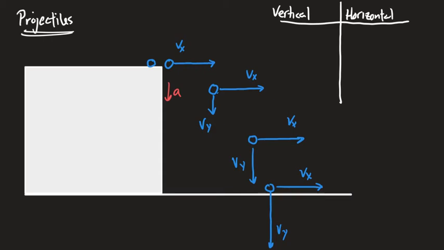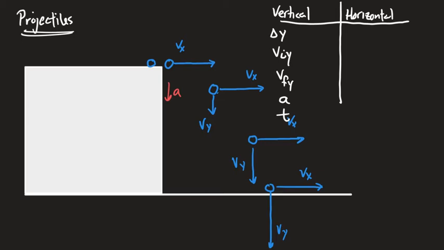The vertical side will always have these things. And I'm going to just switch stuff so that there's y's in here. Just putting y's in there to force me to think that this is the up and down part.